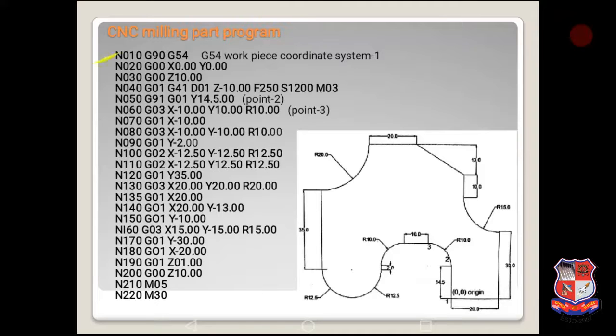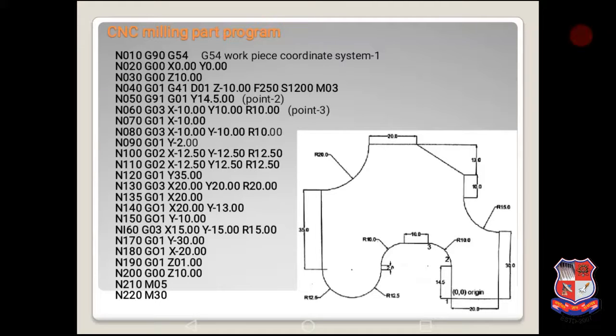So the first block, N010, we use absolute programming mode with the workpiece coordinate system 1, initial position of the tool X0 Y0 at point 1.